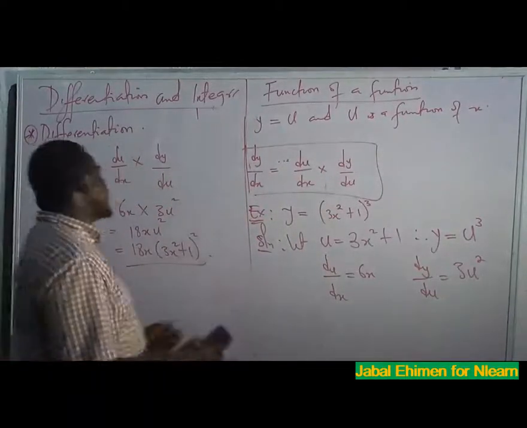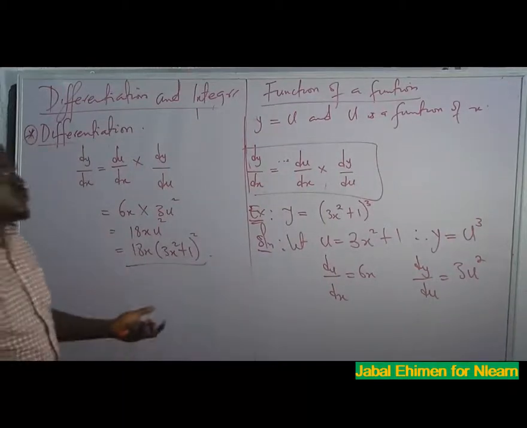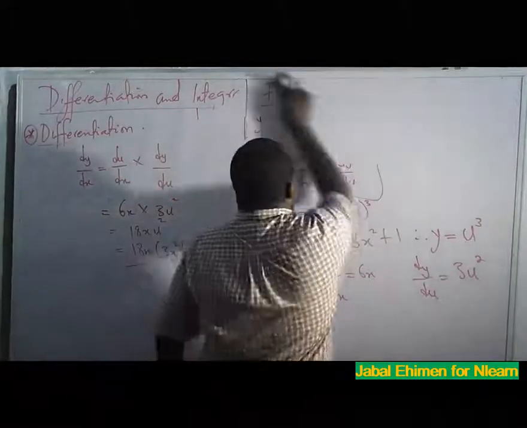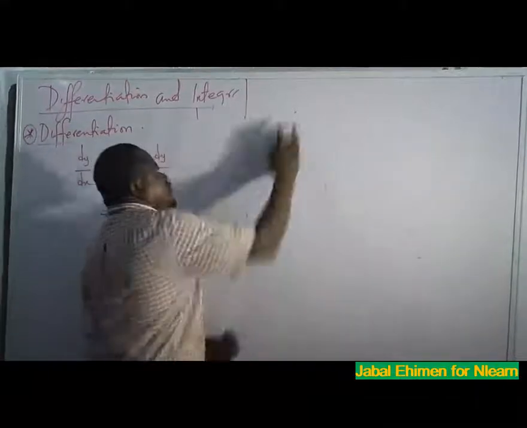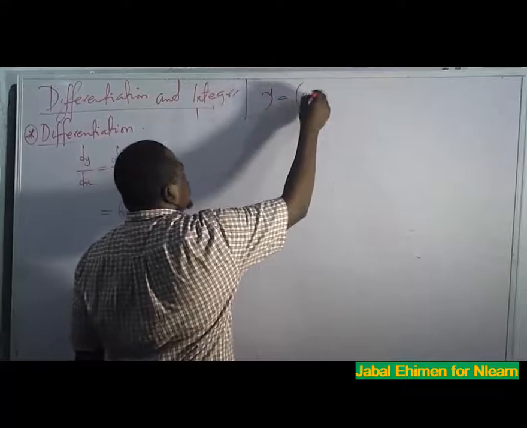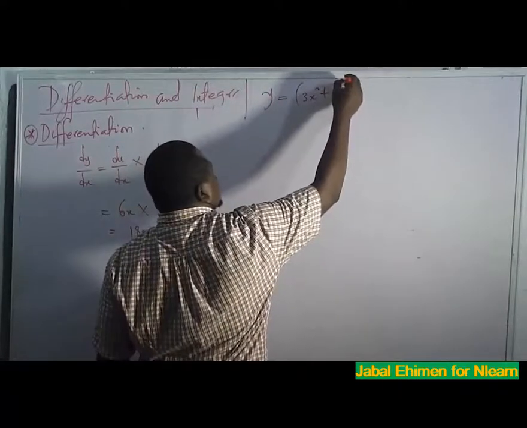But you can also apply a shorter method. You just do something like this. You say y is equal to (3x squared plus 1) raised to power 3.